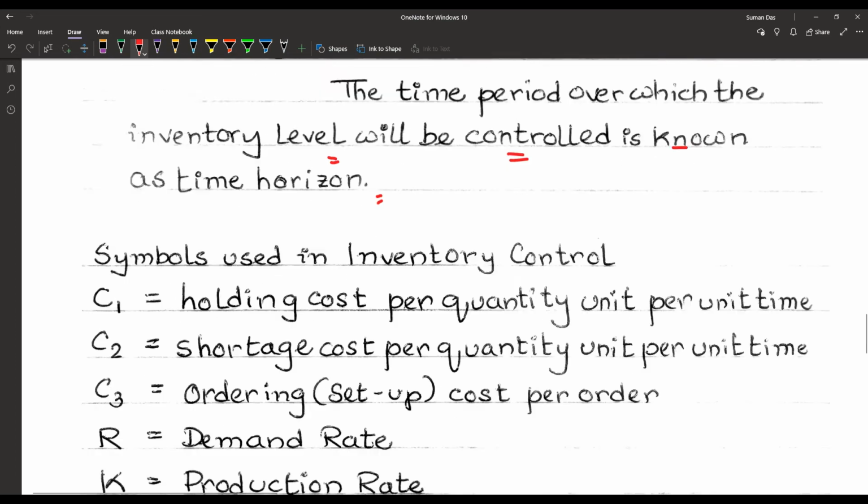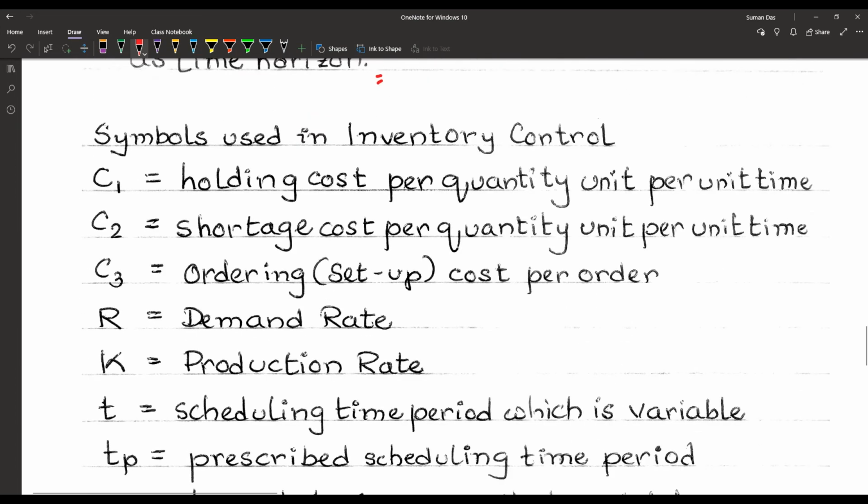Now, for the problems of inventory control, these are the symbols we are using. C1 is the holding cost per quantity unit per unit time. C2 is the shortage cost per quantity unit per unit time. C3 is the ordering or setup cost per order. R is known as the demand rate. K represents the production rate.